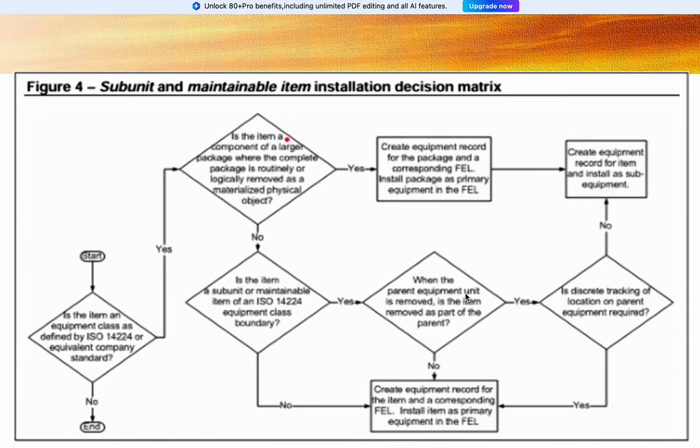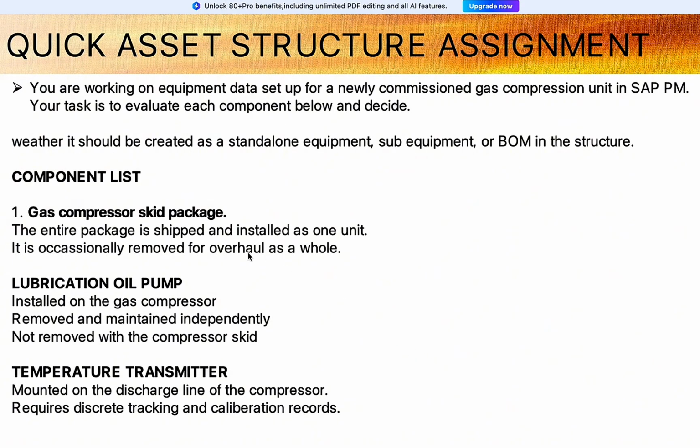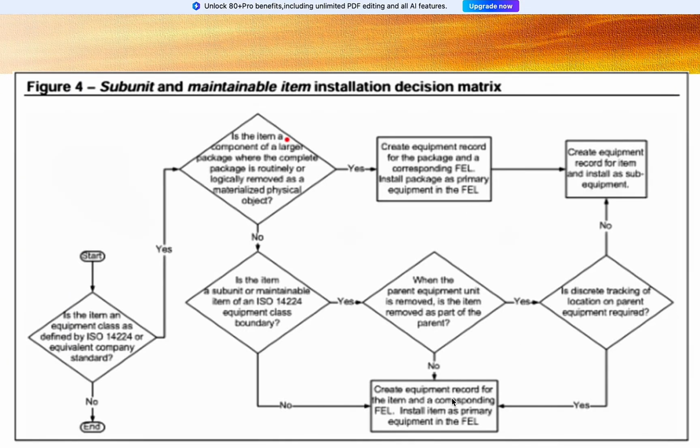So when the parent equipment unit is removed, is the item removed as part of the parent? The answer is no, because this particular package is its own entire system. It's an entire unit and it's installed as one unit.